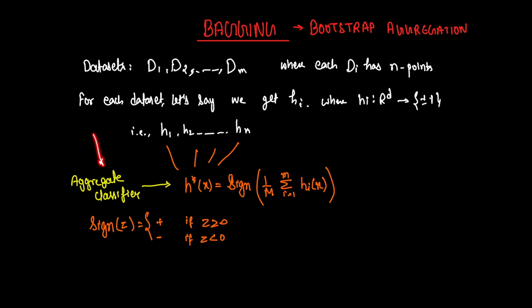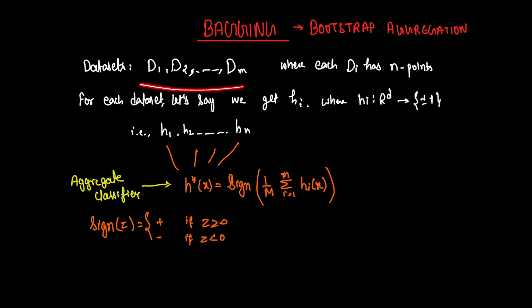Now, what bagging will do is aggregate all these classifiers. From all these H, we get H star of x, which equals sign of 1 by m times the summation of i equals 1 to m of all Hi, where sign of z is plus if z is greater than or equal to 0, and minus if z is less than or equal to 0.